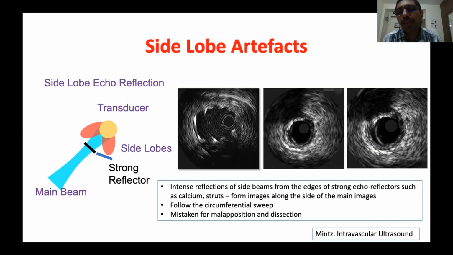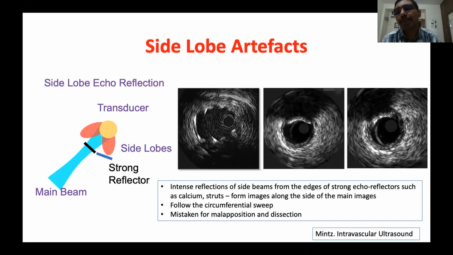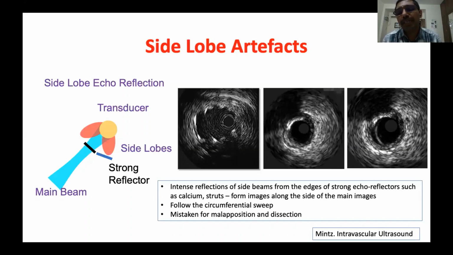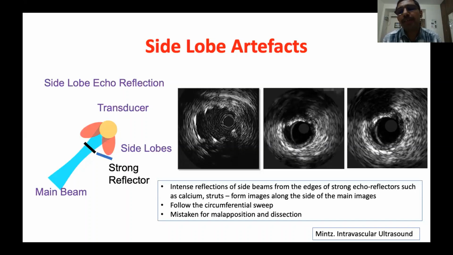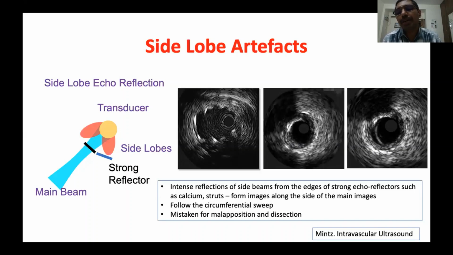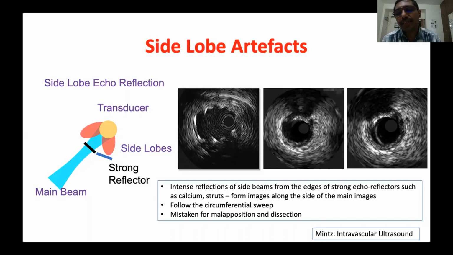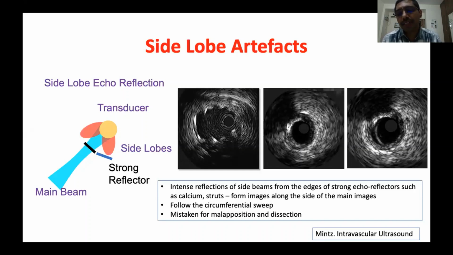If you are using the lumen reference, you have to upsize by 0.25. Suppose your mean lumen diameter is 3.25 millimeter, you have to put a 3.5 stent. Upsize to the nearest 0.25 in case of lumen dimension. Downsize to the nearest 0.25 millimeter in case of external elastic membrane based selection.